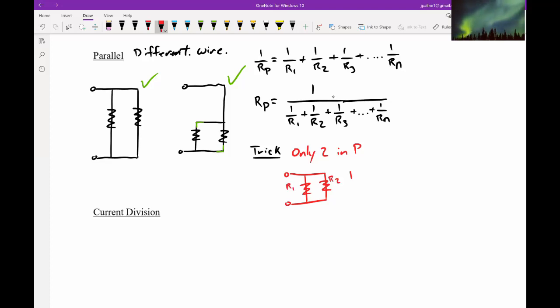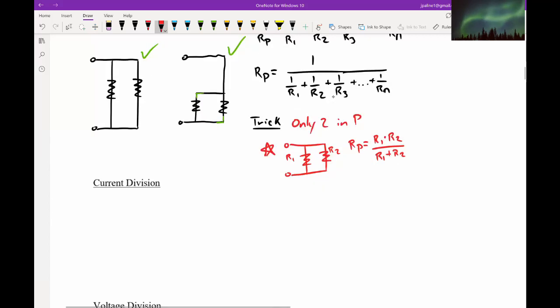R parallel is going to be R1 times R2 over R1 plus R2. This will make your calculations much faster doing it this way. But be careful that you don't misuse it in the wrong places.